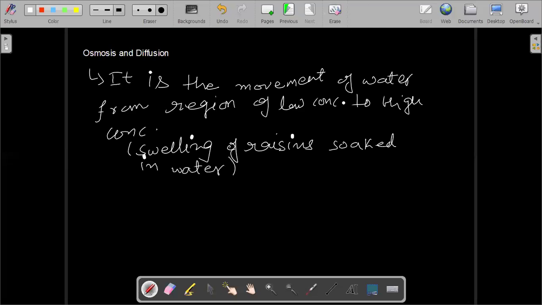So this is an example of osmosis. Here we find the movement of water from a container to the resins.